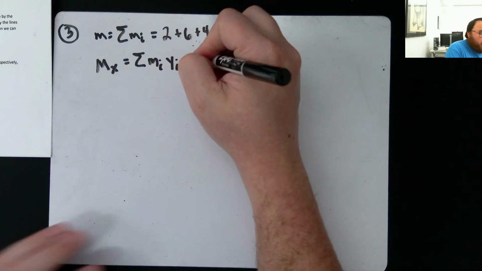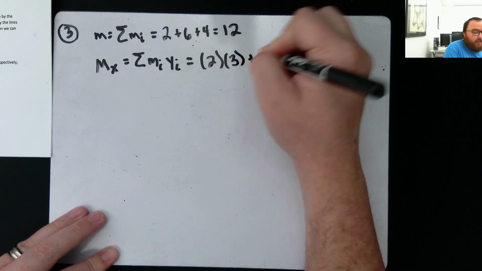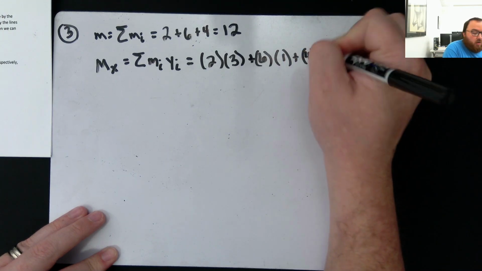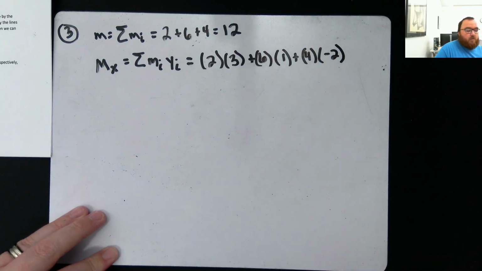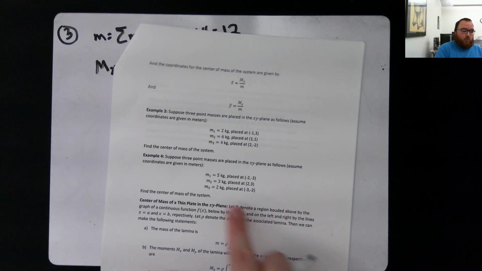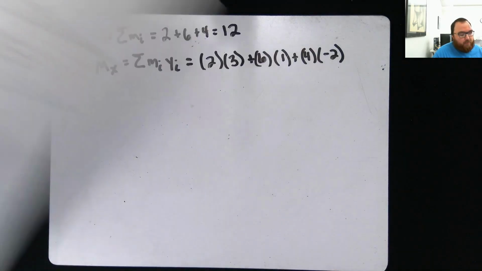So 2 times 3 plus 6 times 1 plus 4 times -2. Again, because I just do the mass times what the Y is. Mass times Y, mass times Y, mass times Y.